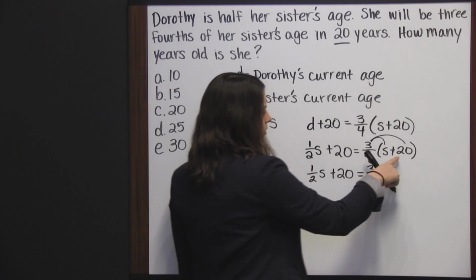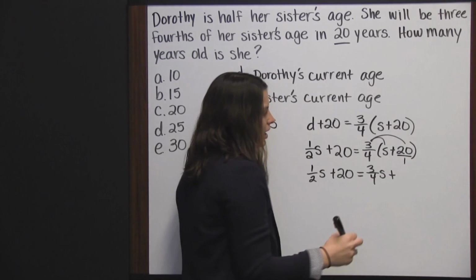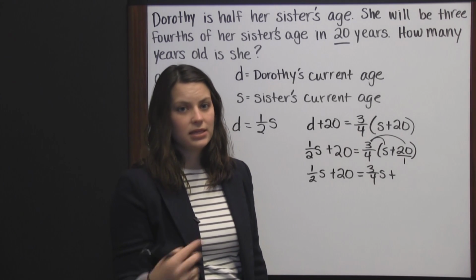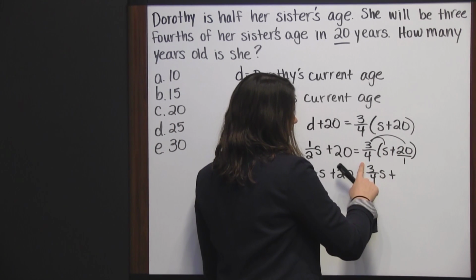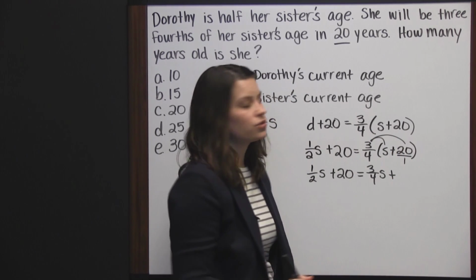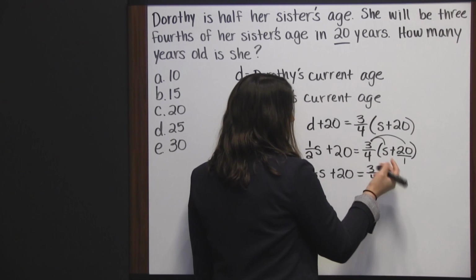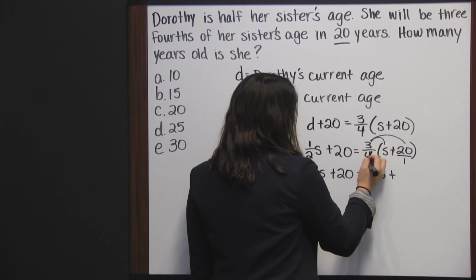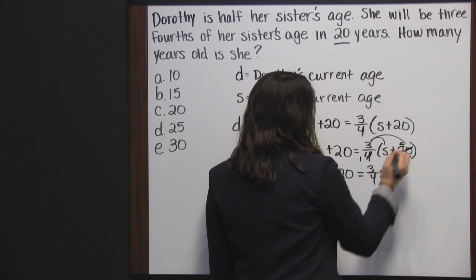And then with the 3/4 and the 20, I can put 20 over 1, and I can simplify multiplying these numbers by cross-canceling 4 and 20. I'm simply multiplying two fractions together, so I can use this shortcut. I'm going to divide both 4 and 20 by 4. 4 divided by 4 is 1, and 20 divided by 4 is 5.